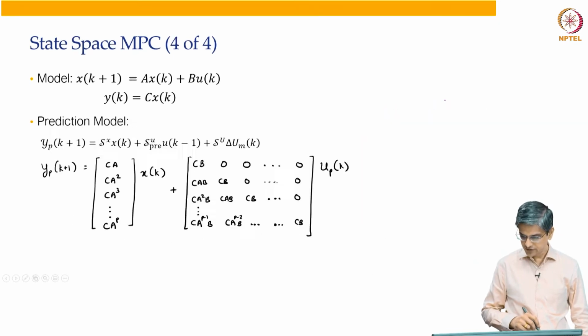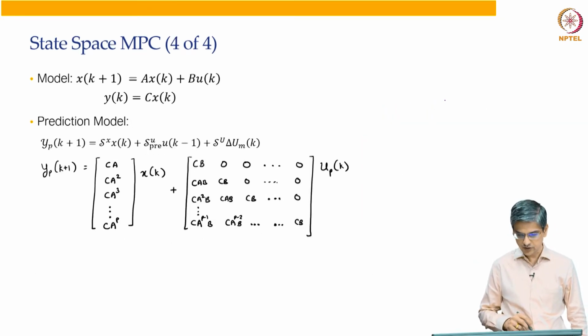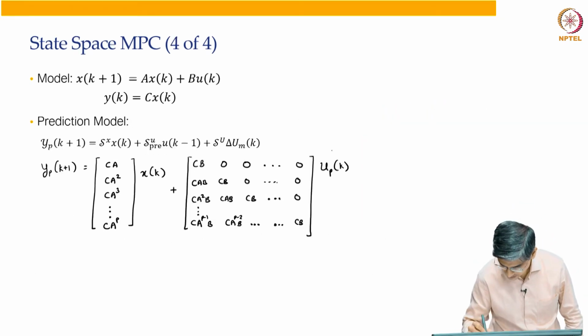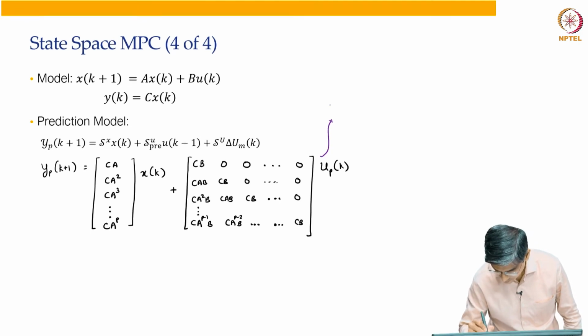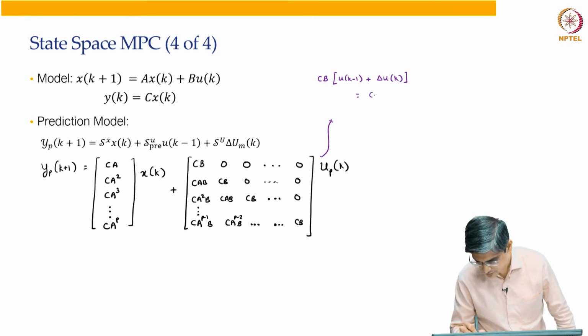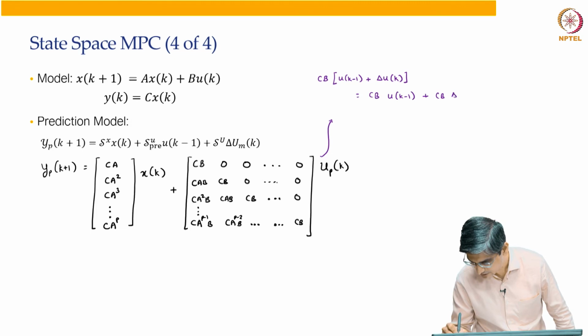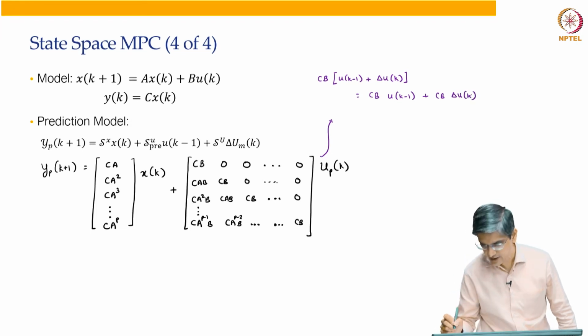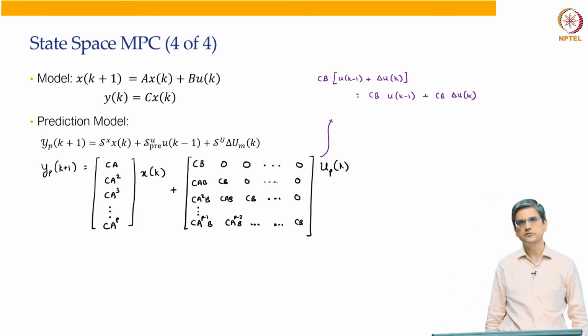Okay. So, if we take this, what are we going to get? So, this, the first guy is going to be CB multiplied by u k minus 1 plus delta u k, okay, which is going to be nothing but CB multiplied by u k minus 1 plus CB multiplied by delta u k. Okay. That is going to be our first guy.